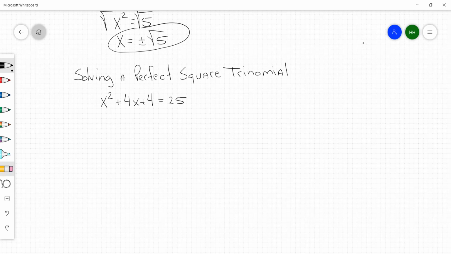So in this case, the left side of this equation is what's called a perfect square trinomial. It means that the first term is a perfect square, and the last term is a perfect square.